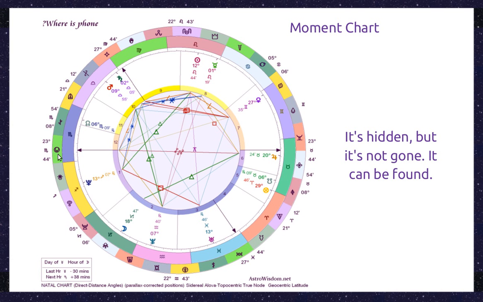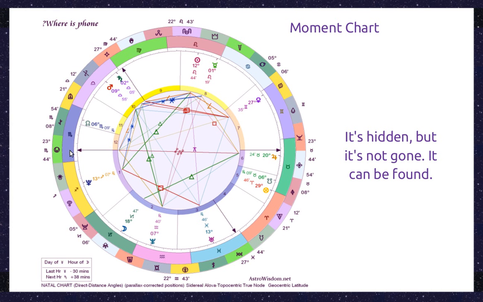Now, items that have been stolen or are permanently lost or have really disappeared are indicated by the dragon's head right here or the dragon's tail. Now, the dragon head and the dragon tail are not ruling planets of this chart. They are not in prominent positions. And this is what gave me the confidence to assure her that her phone could still be found, which was a great relief to her.